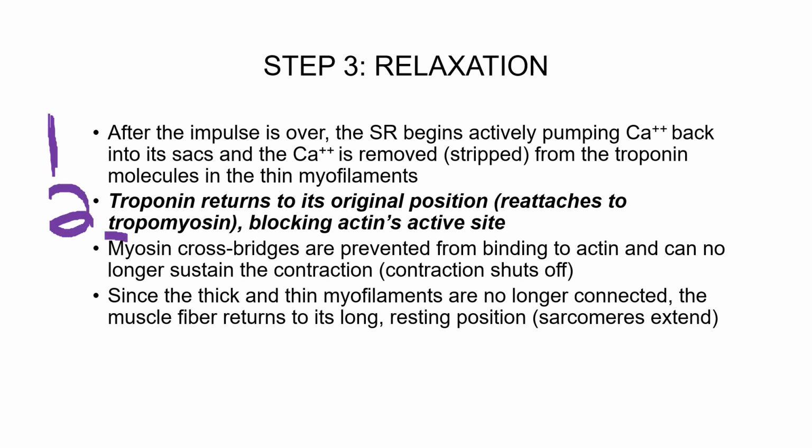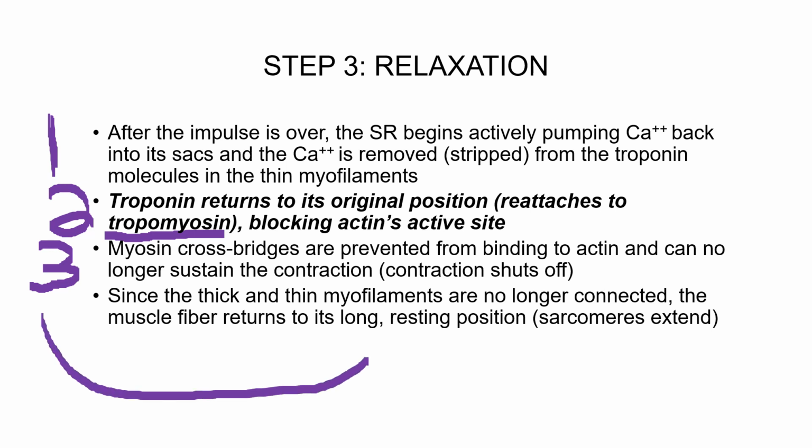The tropomyosin is now no longer being influenced by the troponin, and the tropomyosin starts blocking myosin and actin from getting together again. It blocks that actin open site. So if actin is being blocked, then myosin can no longer bind with actin, and the whole thing shuts off. And what happens is the sarcomere starts extending, going back to its resting state.